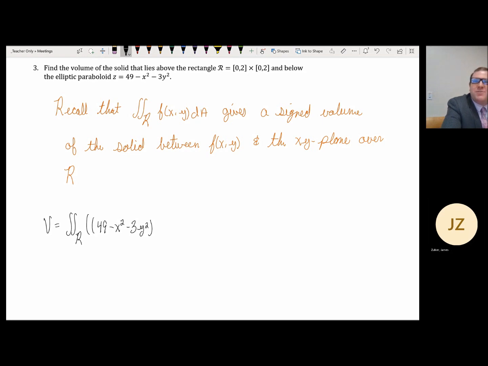The xy plane, which is represented by what? The XY plane is the plane z equals 0.